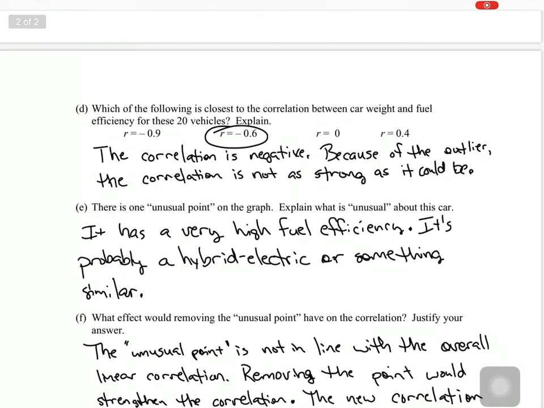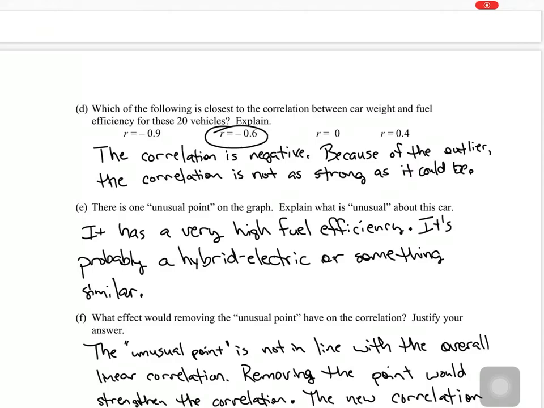Okay, D, we're asked about the correlation, and they give us several r values to choose from. We've already talked about how the correlation is negative, so it has to be either negative 0.9 or negative 0.6. Can't be 0, can't be positive 0.4, so it has to be one of the two negative r values.